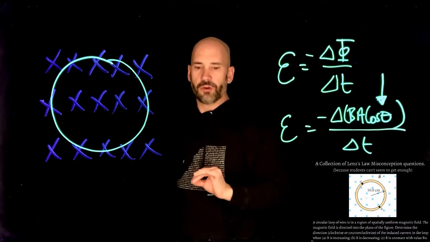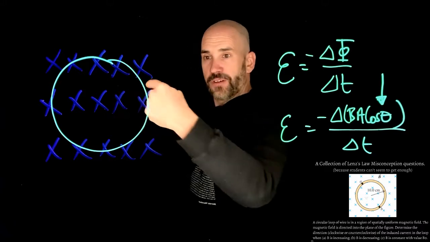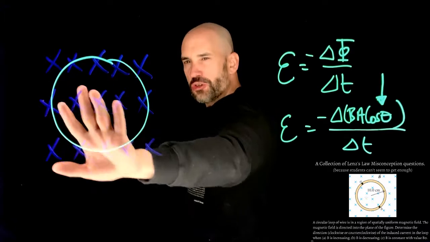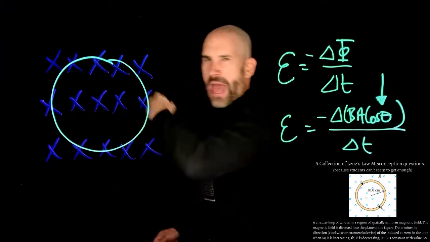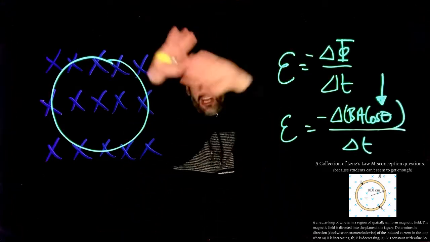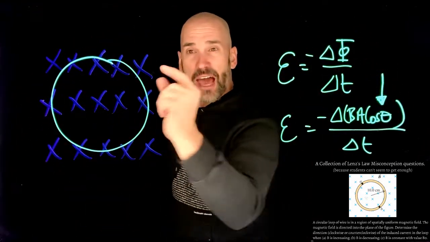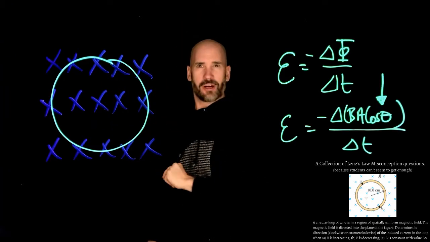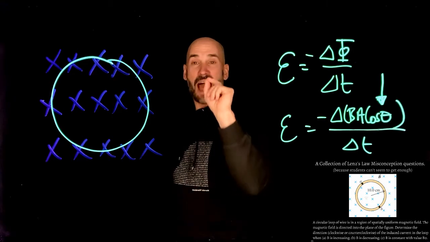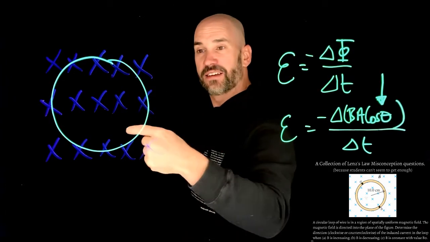Let's suppose then that we suddenly have more magnetic field coming in this way. It was used to this flux, and now I'm adding more to it. Suddenly this loop's like, no, seriously, I don't want this more flux. I'm a boomer. So what does it do? Well, it says, I am going to create a current that opposes this flux.